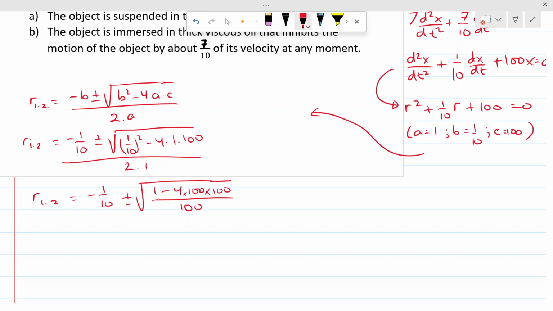So we have minus 1/10 plus or minus the square root, and don't forget, it's divided by 2.